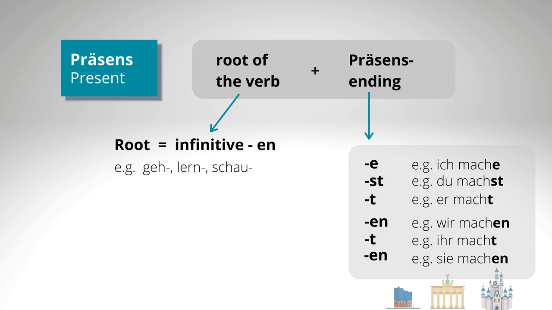Ich mache, du machst, sie, er, es macht, wir machen, ihr macht, and sie machen. So we take the root of the verb, in this case mach, the root of machen, because we've left out the en of the infinitive, machen becomes mach, and then we add the Präsens ending. Mache, machst, macht, machen, macht, machen. And that's the way we form a Präsens in German.